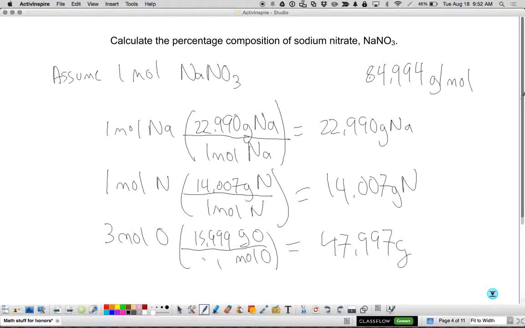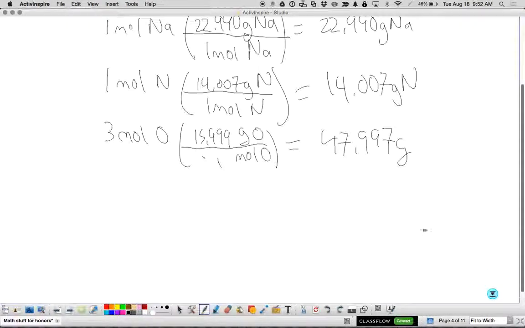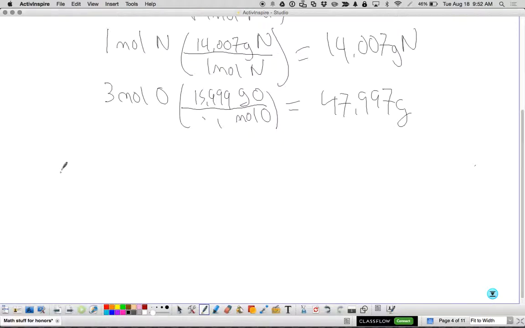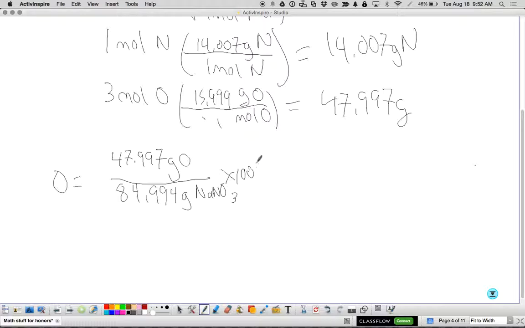All right, so now to figure out the percentages, for example, for oxygen, I would take the 47.997 grams oxygen over the 84.994 grams of the compound times 100%, and I get 56.5%.